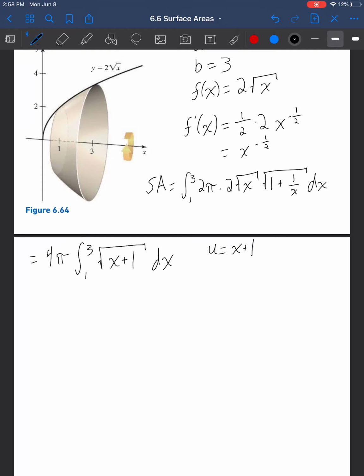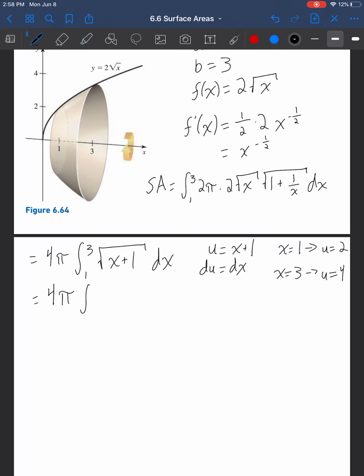In this case, I can use a u substitution of x plus 1, which means if I take derivatives of both sides, I get du equals dx. My x equals 1 bound, if I plug that into my formula right there, will translate to u equals 2. My x equals 3 bound, well, 3 plus 1 is 4, so that translates to u equals 4.